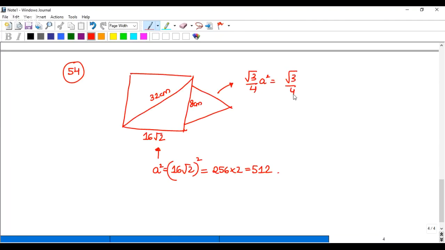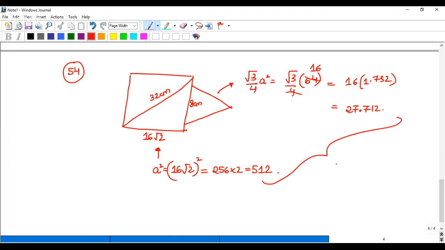Root 3 by 4 into side length is 8, 64. 16 into 1.732. And this value comes out as 27.712. So the sum of both of these is 539.712 centimeter square.